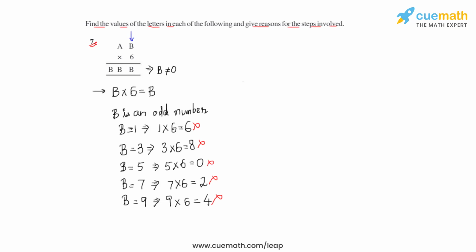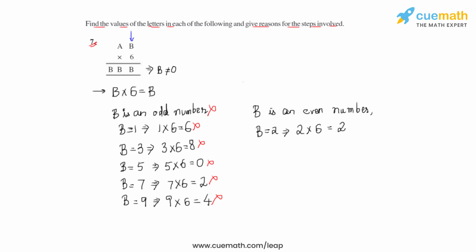So we can definitely conclude here that B will have to be an even number. Now let us see which even number represents this letter B. If B is 2, then 2 times 6 is a number whose ones place is 2.